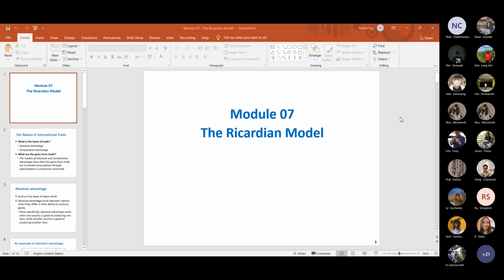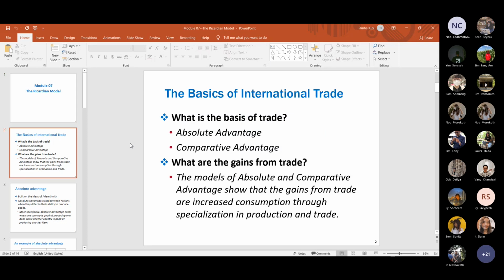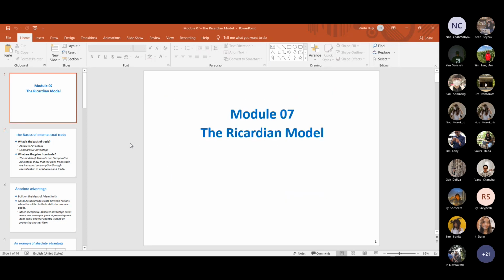So we move to module number 7, which is focusing on the Ricardian models. We already finished the gravity model. We already learned some determinants of international trade. There are several factors or motives that contribute to international trade transactions happening.